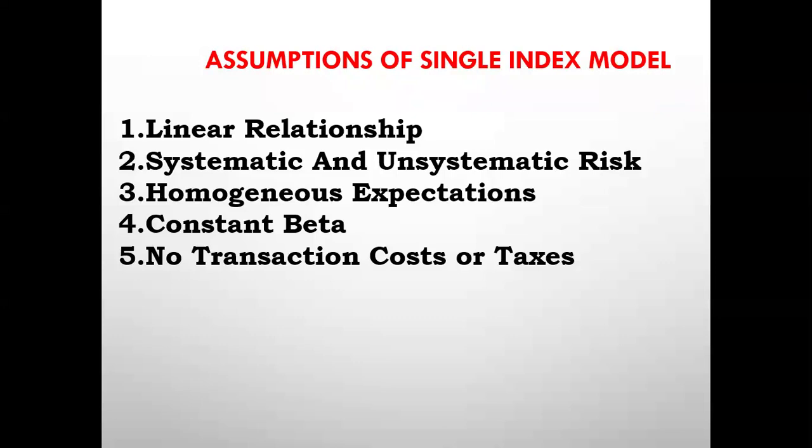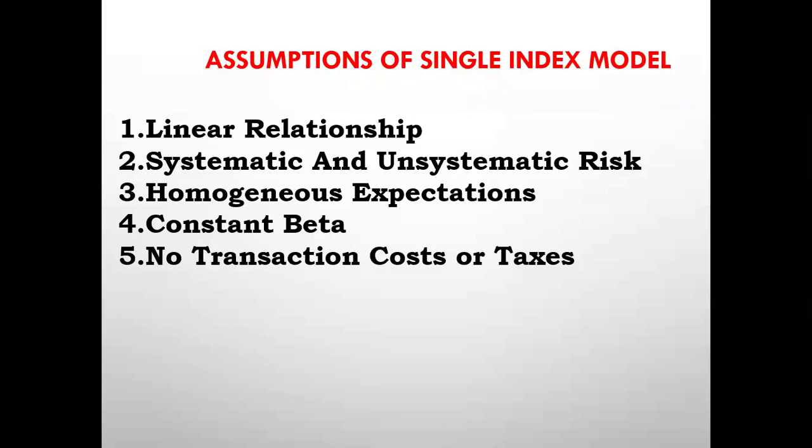Then systematic and unsystematic risk. Based on the assumption that the return from a security comprises two components: systematic risk, which we can't diversify, and unsystematic risk, a unique risk that can be diversified. Then homogeneous expectations: all investors have the same expectations about the securities' future returns and risks.